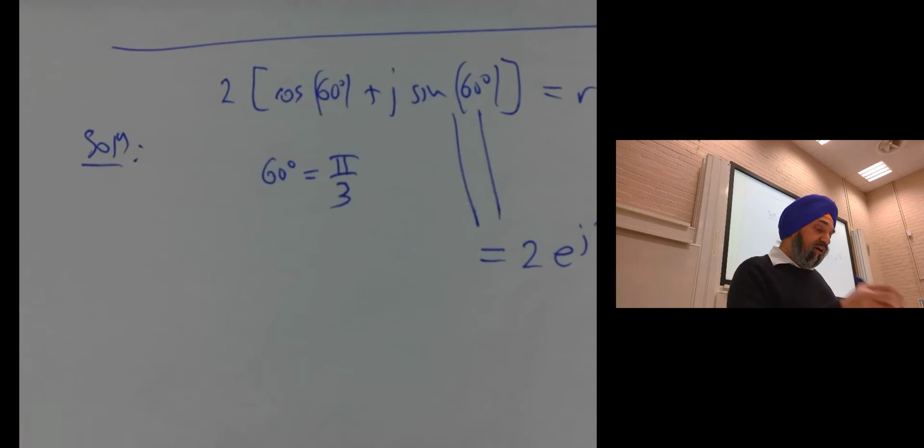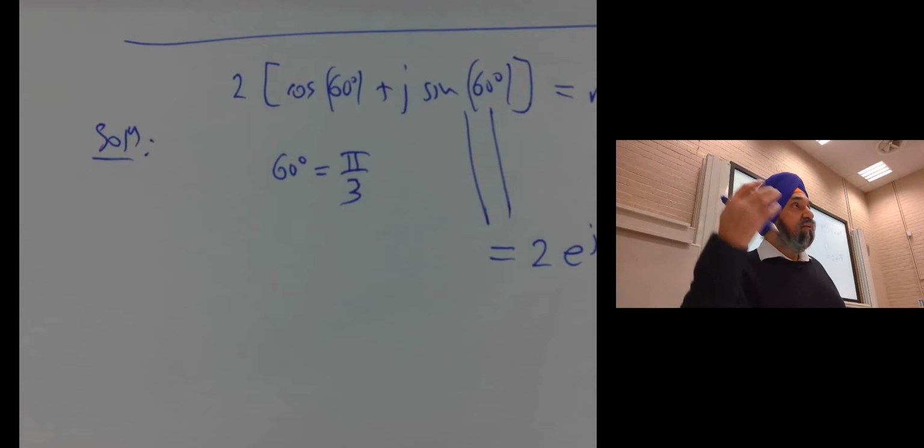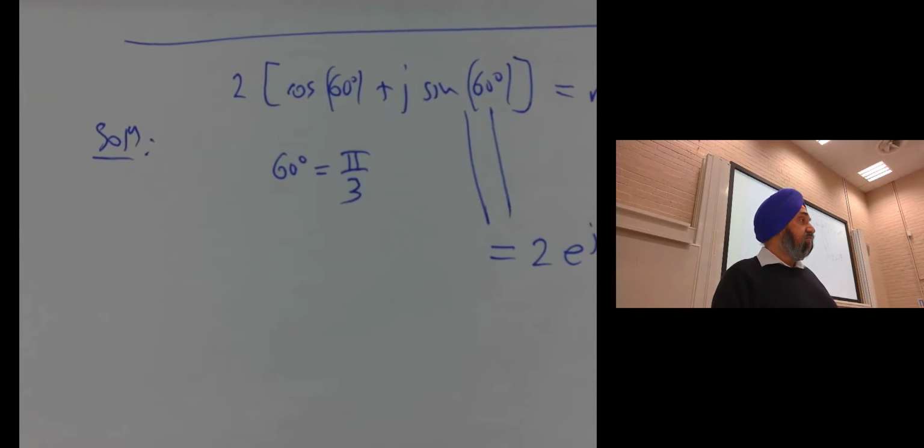But why is this on the syllabus? Why is this exponential form? You might say, well, I've got rectangular form, I've got polar form. Why do I need another format? Why bother? What's the advantage? I'll tell you the disadvantage.